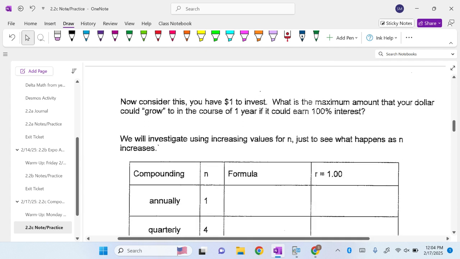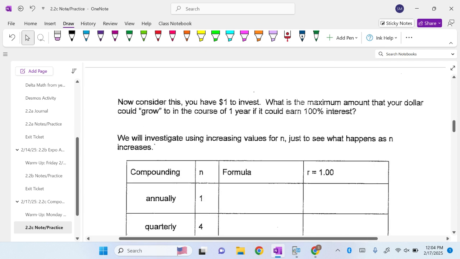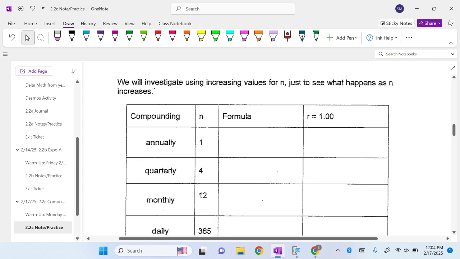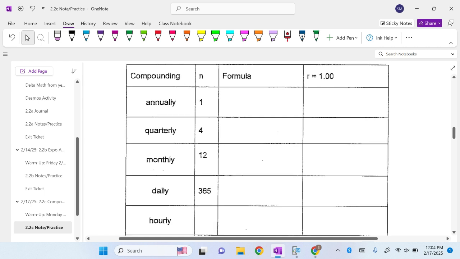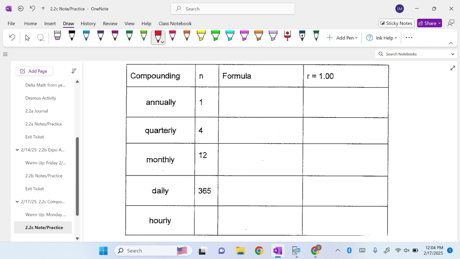All right. Now, the next page is a nice little chart that you can use to help you figure out how you write these formulas based off of how they're compounded. So compounded annually, that means your N is 1. So you'd have P times 1 plus R to the T, just the exponential growth formula.